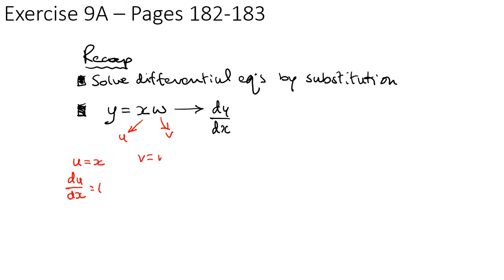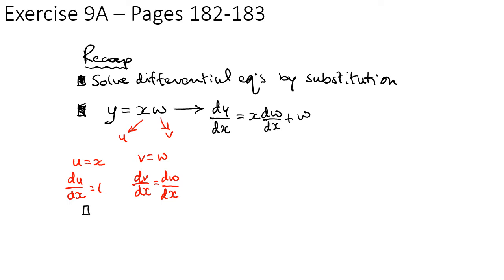If my v equals w, then my dv dx, or v dash, would be dw dx, because we're differentiating that variable w with respect to x. That can just go straight in. So we have u times dv dx, which would be this, plus the other part of the product is what we get by multiplying these two together, so that'd be plus w.